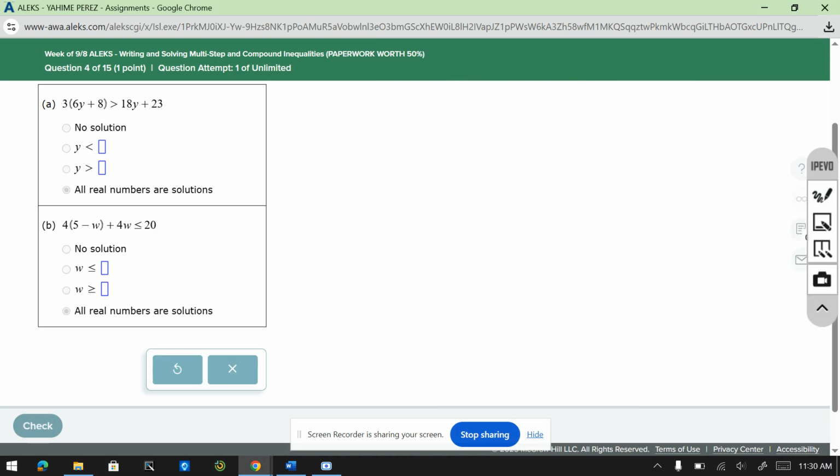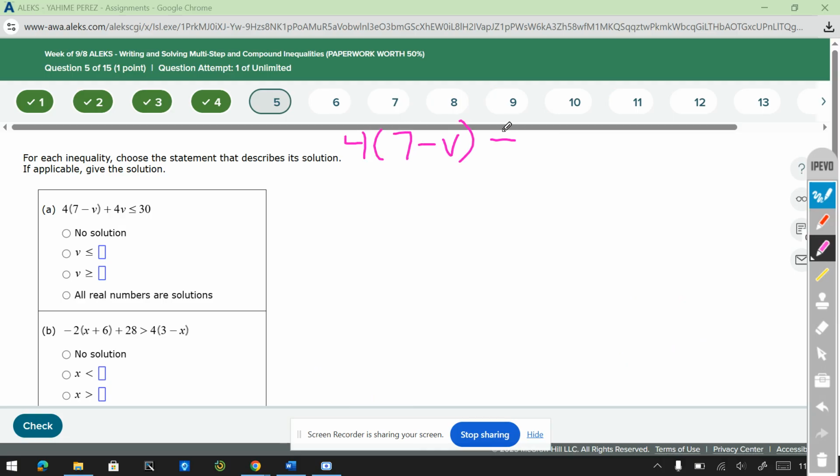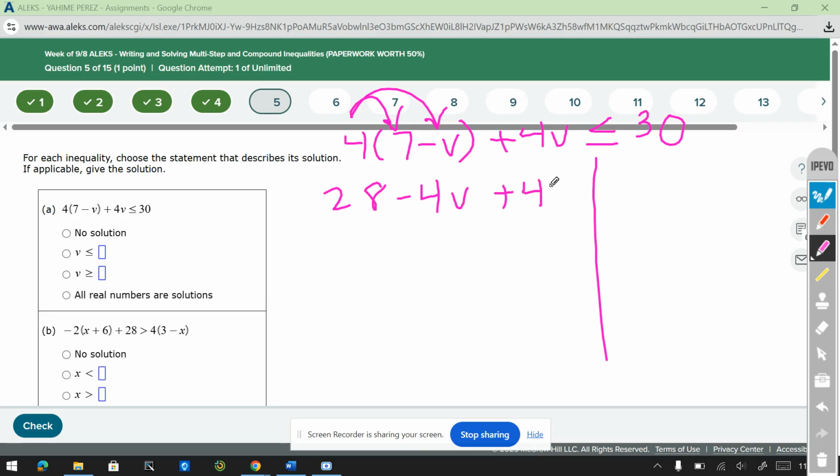Okay, let's do number 5, which has 2 more problems. All right, same process, splitting it at the symbol. I'm going to simplify the left. I see parentheses, so I'm going to distribute. 4 times 7 is 28. 4 times negative 1v is negative 4v plus 4v.